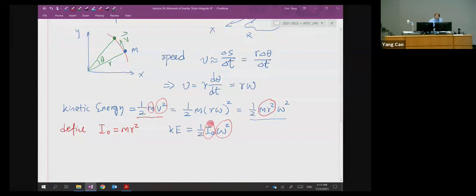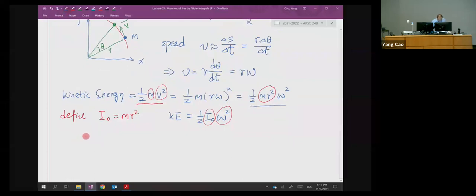So the I naught must be a quantity associated, in analogy, to this mass here. This I naught is basically called the moment of inertia of the point mass with respect to the z-axis.